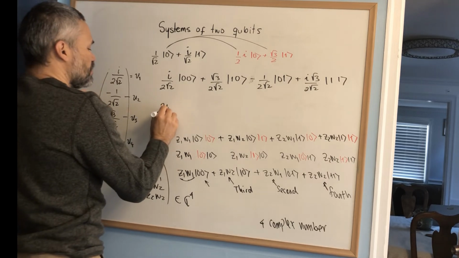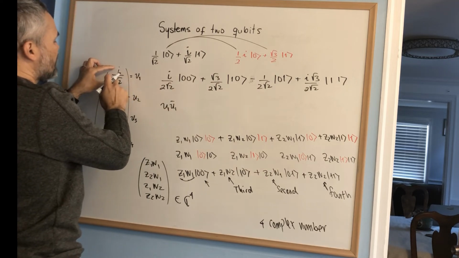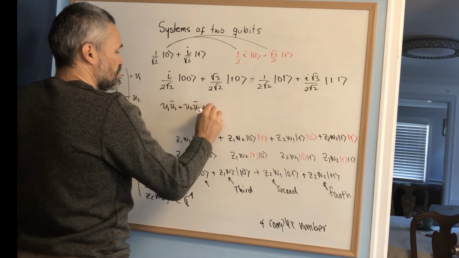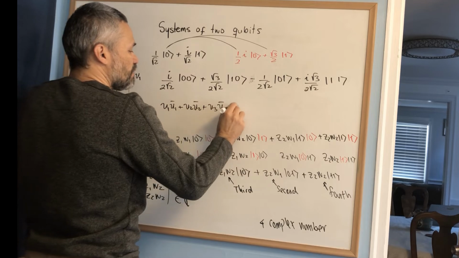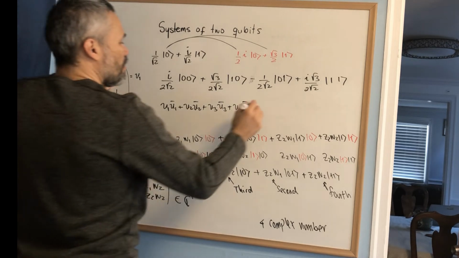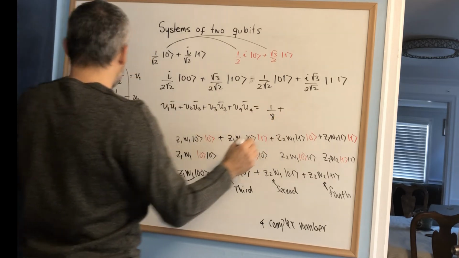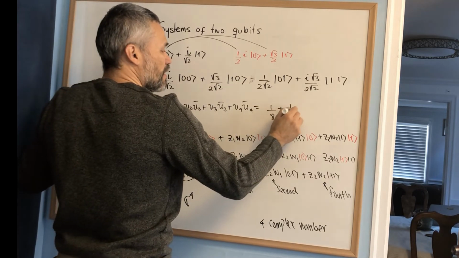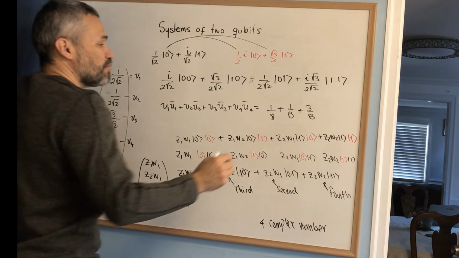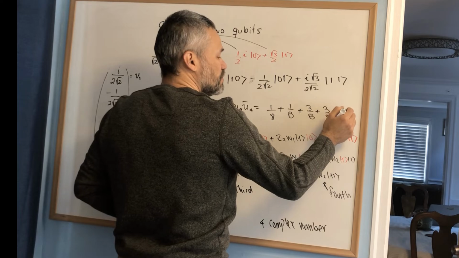We can check that U1 times its conjugate, that means the length of this complex number squared, plus U2 times its conjugate plus U3 times U3 conjugate plus U4 times U4 conjugate. Let's see what this is. This would be 1 over 4 times 2 is 8, plus this is 1/8, plus this one would be 3 over 8, and this one would be also 3 over 8, and this is equal to 1.